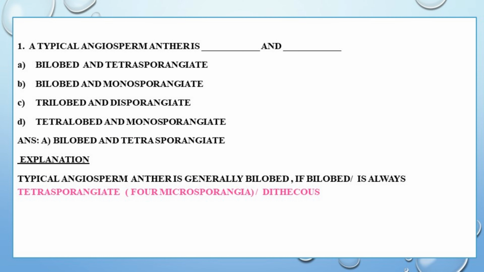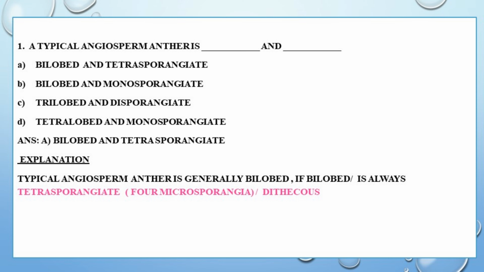Question. A typical angiosperm anther is dash and dash. Options: bilobed and tetrasporangiate, bilobed and monosporangiate, trilobed and disporangiate, tetralobed and monosporangiate.